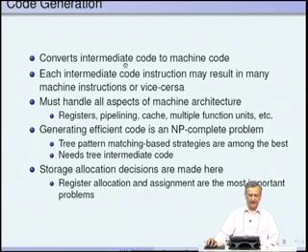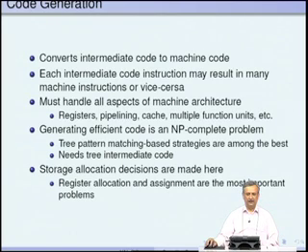So, here is some detail. A machine code generator converts intermediate code to machine code. Each intermediate code instruction may result in many machine instructions or vice versa. It is sometimes possible to compress many intermediate instructions into one machine instruction as well. It must also handle all aspects of machine architecture.